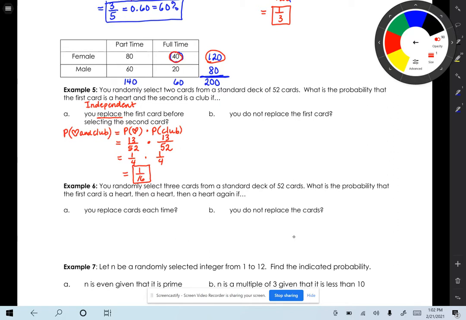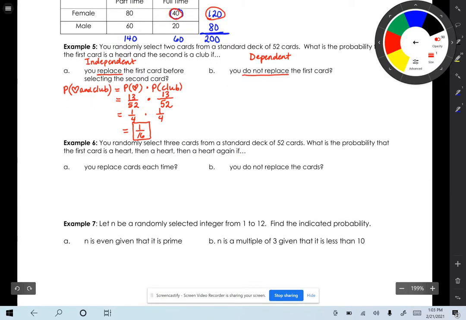Second one, you do not replace. If you do not replace, then the events are dependent. So the probability of A and B is equal to the probability of just A times the probability of B, given that A has occurred.